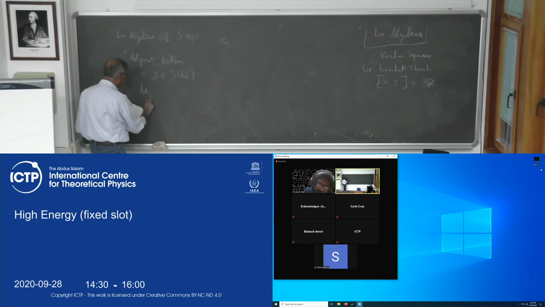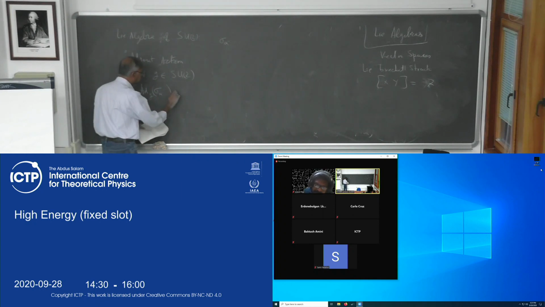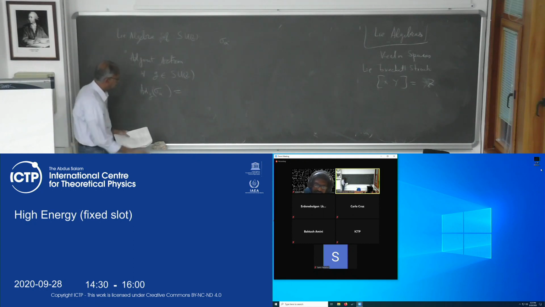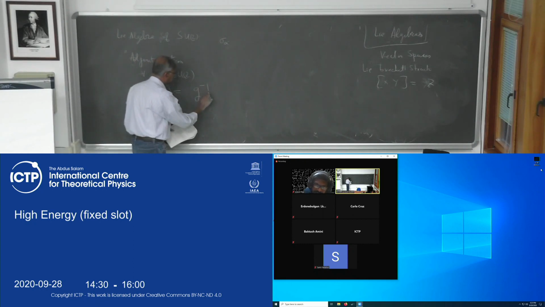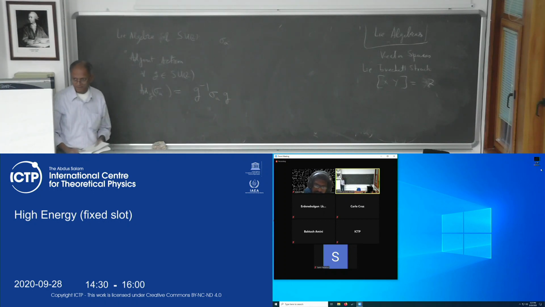The action, of course, will depend on G, which G you chose. It will act differently for each G. It will act on sigma A and it will give you something. And what that something is, I'm just defining: G inverse sigma A G. This is what's called the adjoint action. This is a definition at this stage.